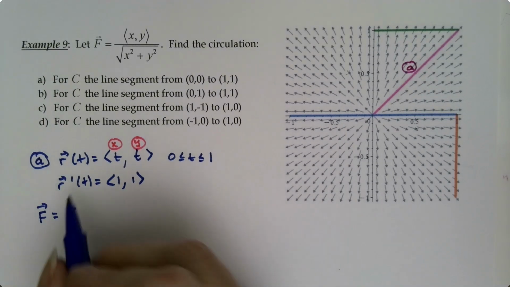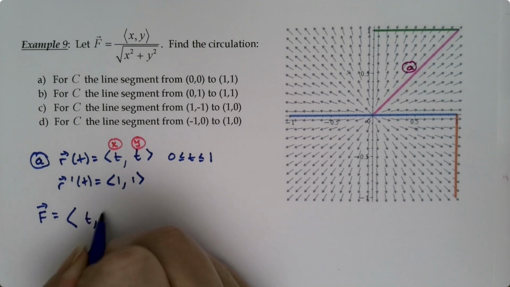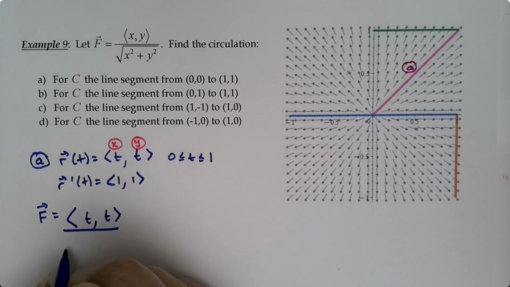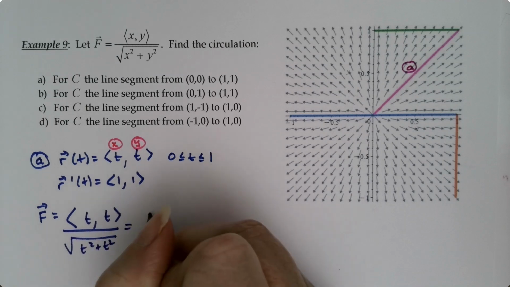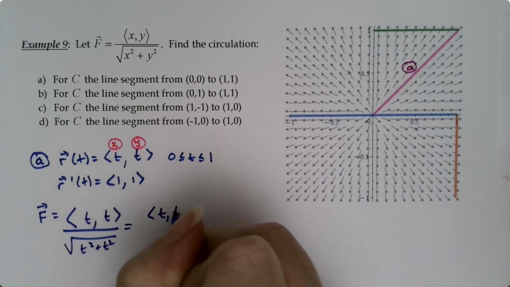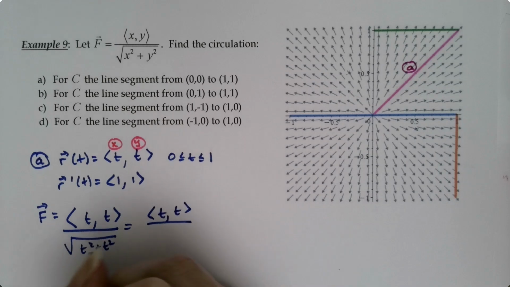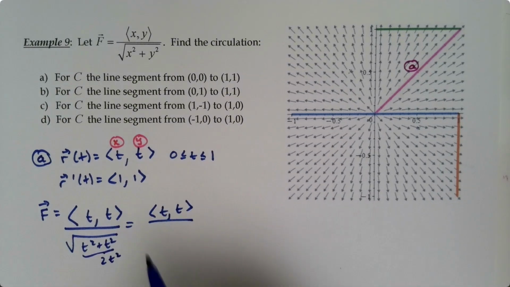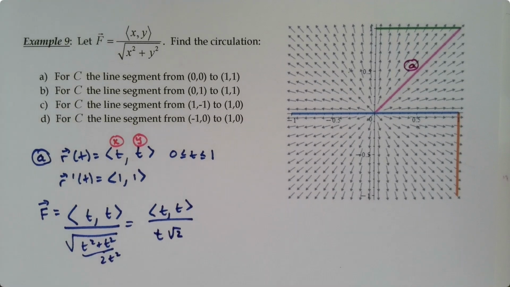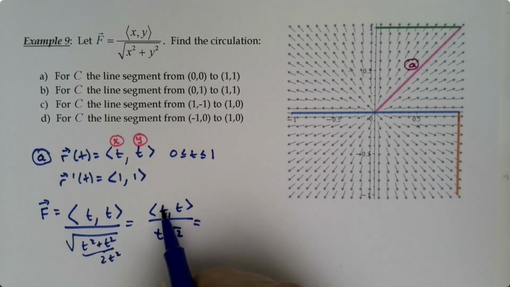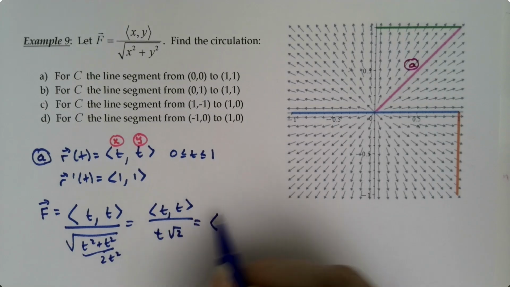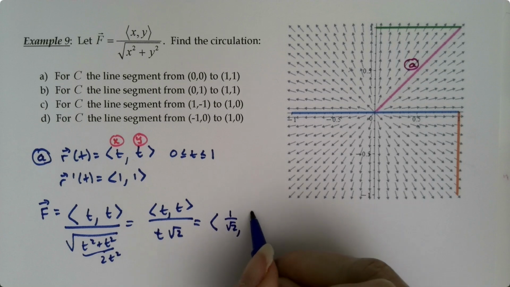So you take t, comma t, you divide it by the square root of t squared plus t squared, which is t, comma t over, that's 2t squared, right? This right here is 2t squared. And then that would be t times the square root of 2. All right, so putting that together, t over t makes 1. So that's 1 over the square root of 2, 1 over the square root of 2.